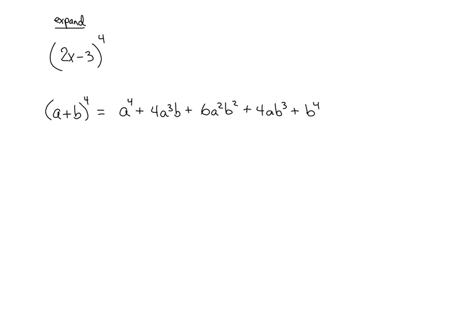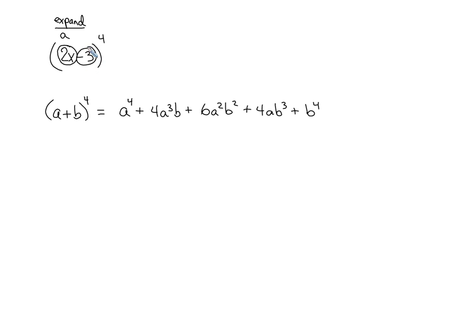So you start with a plus b. That's why I showed it to you with a plus b. Start with the general one. Now, instead of a, what are we supposed to use in our actual problem? 2x. So what we're going to do is we're going to use this as our a. And what should we use instead of b?